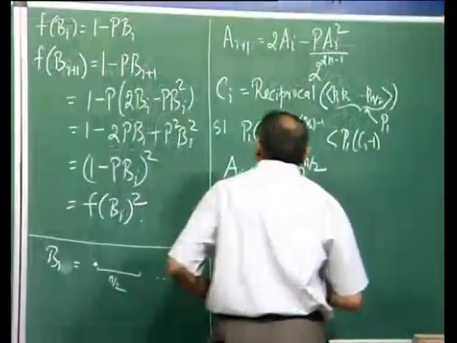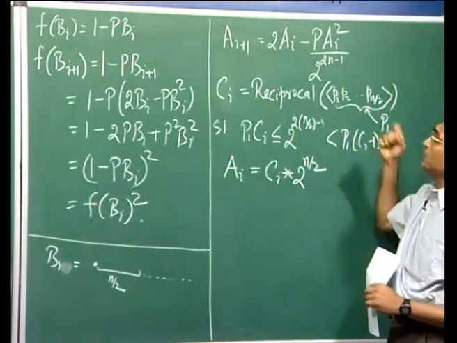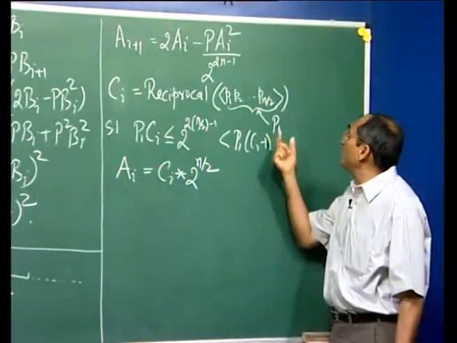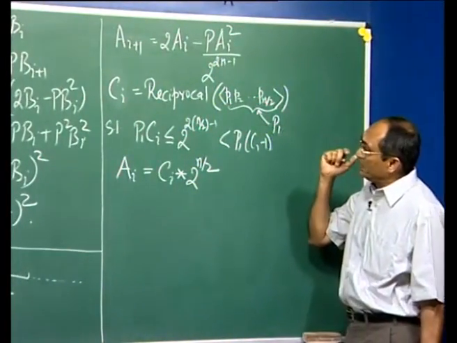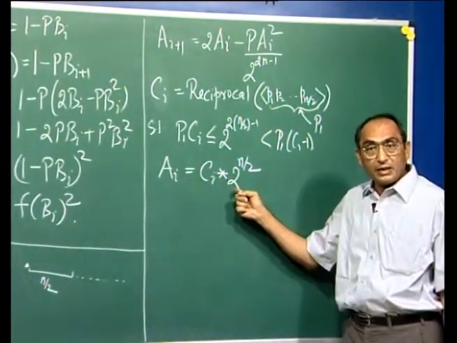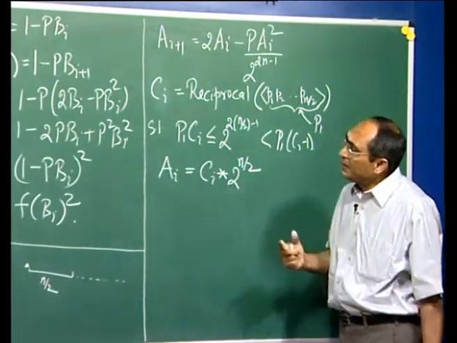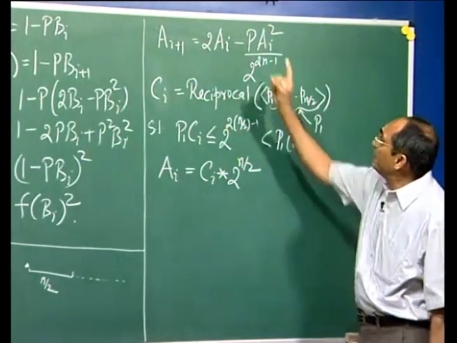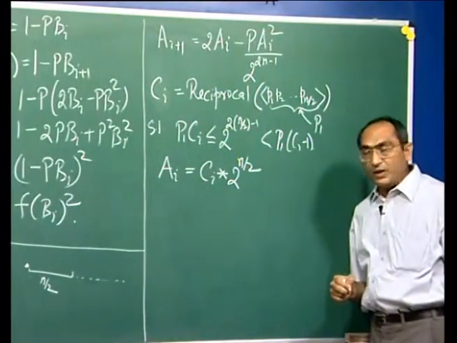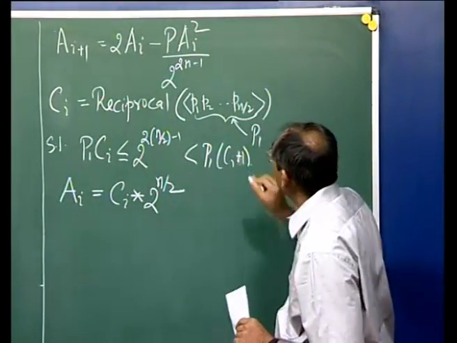So, if we have c I, which is due to a previous call over the n by 2 most significant bits of P, then we will take c I, append another n by 2 zeros to it, on the less significant side, and then we will use our recurrence to get the desired number of n bits. So there was an error here, we should have a plus 1 here.